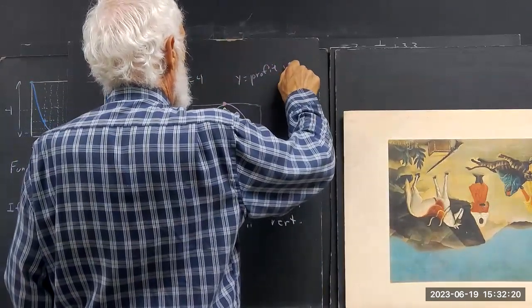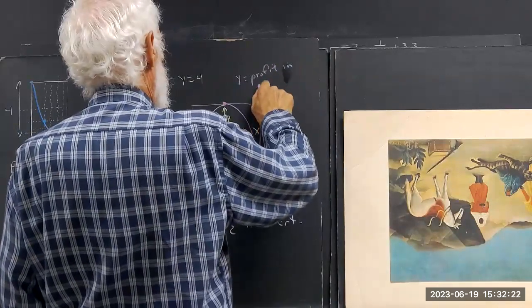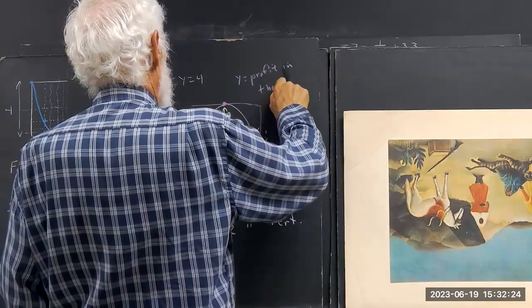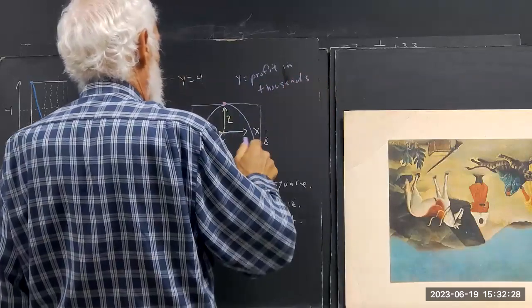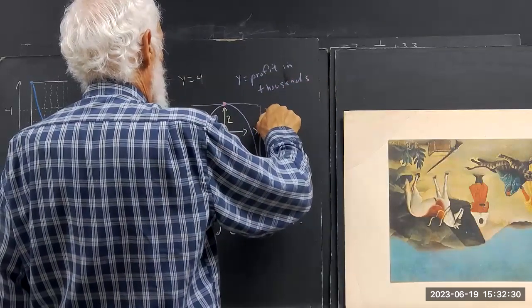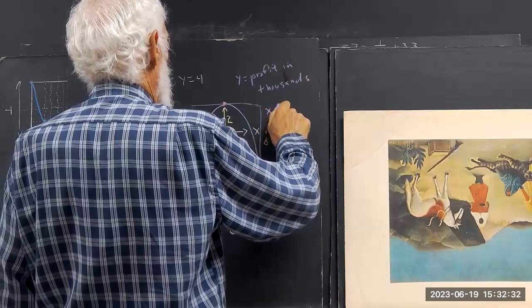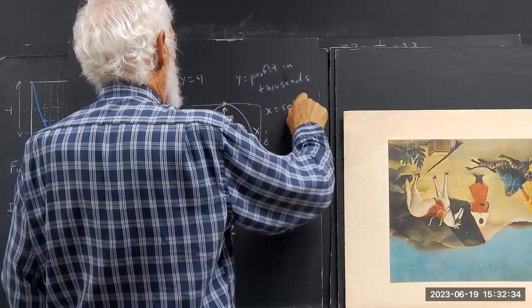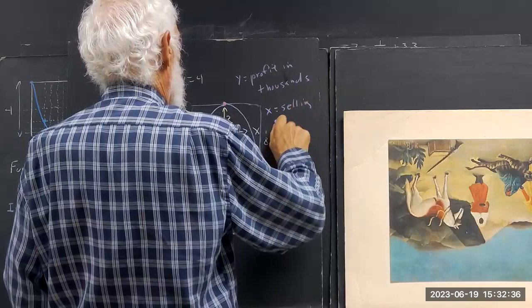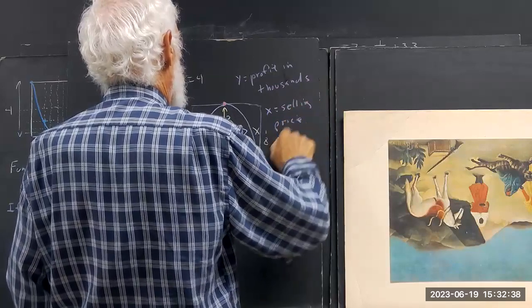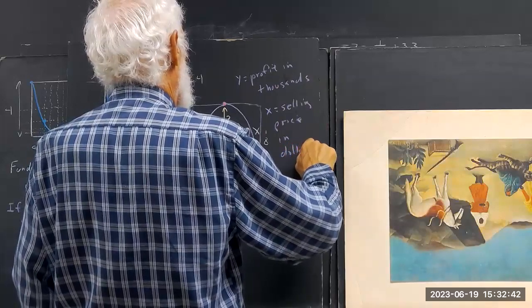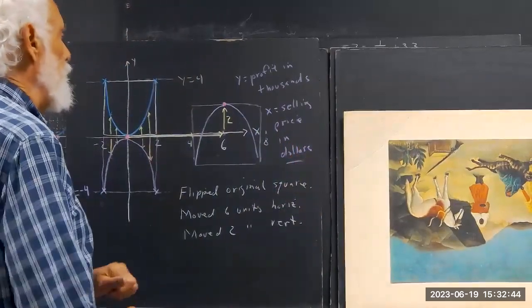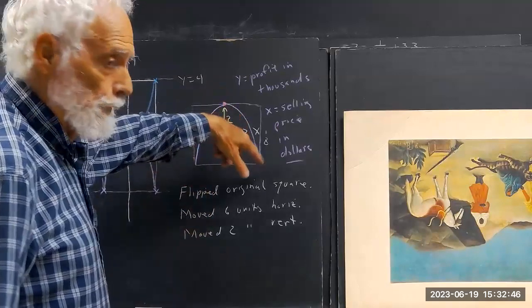Profit when X equals selling price in dollars. Now, why does the curve have this shape?